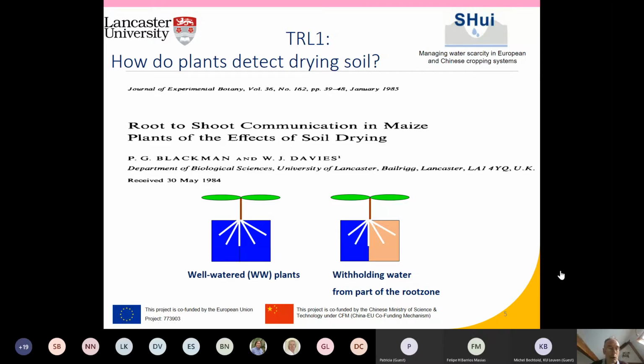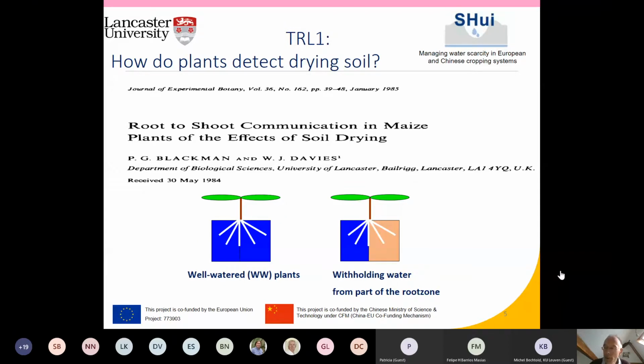And in this case, they were very concerned with growing plants in pots: if the plants were transpiring relatively quickly and were grown in quite small pots, very rapidly the plant would go from a situation where it was well watered to very dry, potentially suffering a lethal water deficit simply because of the large plant size growing in a small pot.